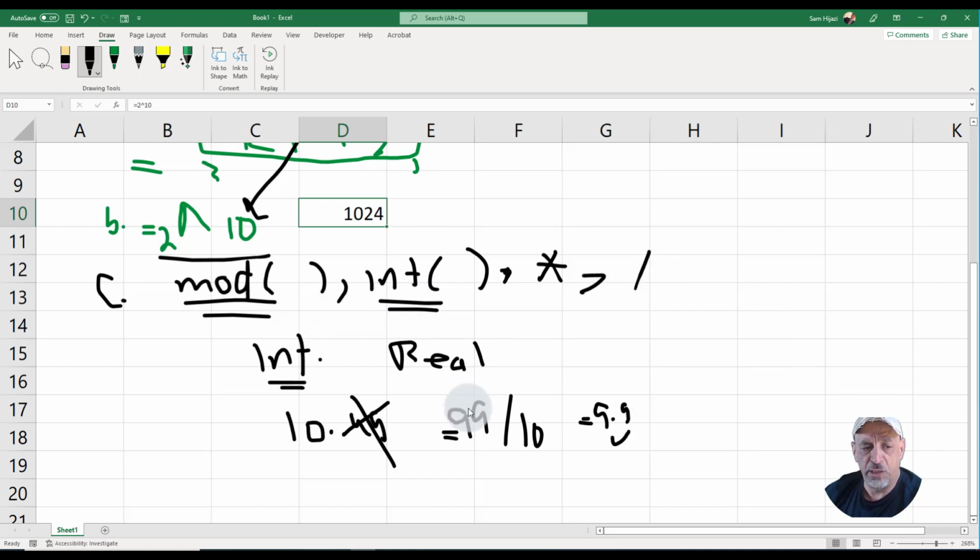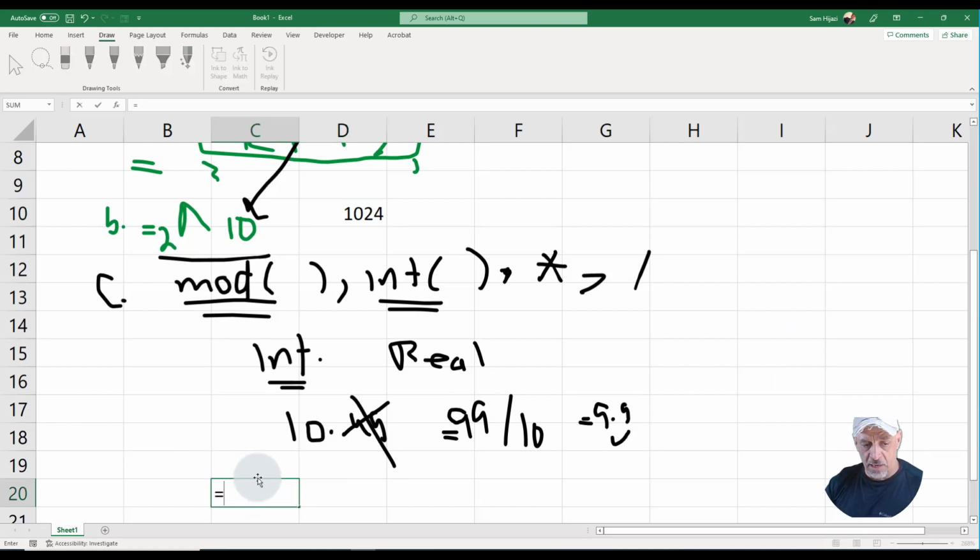Let me show you how we're going to do it. Let's say I have 10 cookies and 3 kids. How many cookies will each of these kids have?